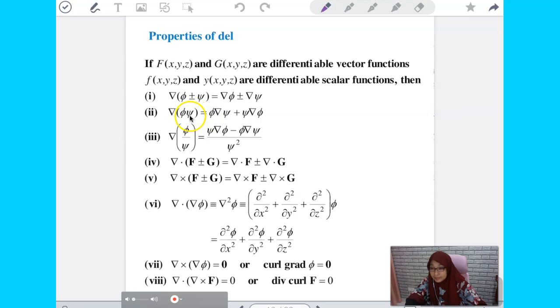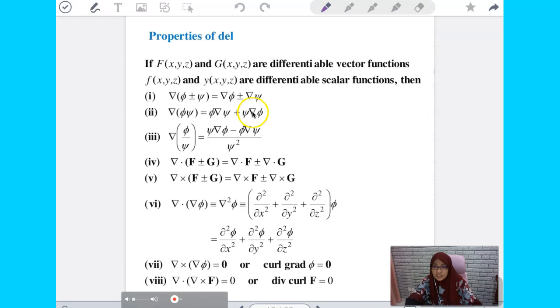And for this one, phi and psi are scalars, and they are multiplied with each other, and the gradient here is a vector operator. So the left side means that you multiply them first, and after that find the gradient, or you can do it separately, using this particular formula.